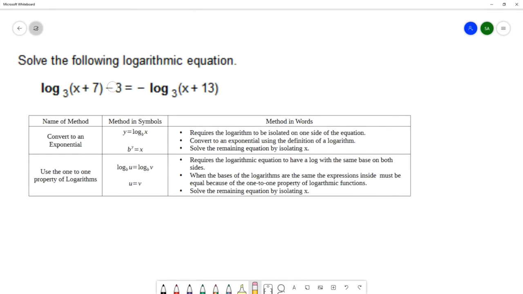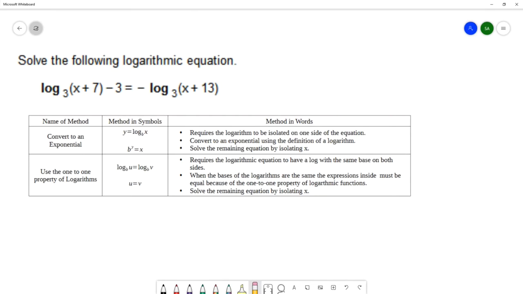This extra term means it doesn't fit that format. It also doesn't fit the other format because you have logs on both sides of the equation instead of a log on just one side. So we need to do a little bit of work before we are able to implement one of these methods.